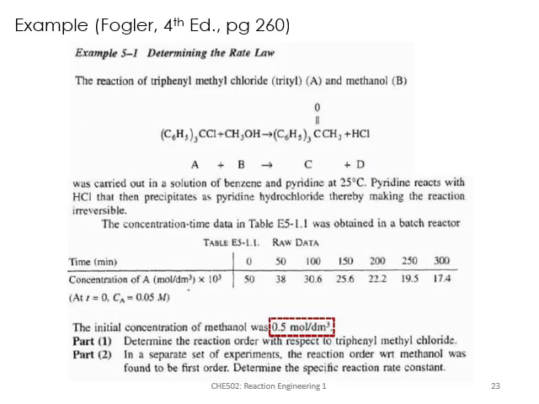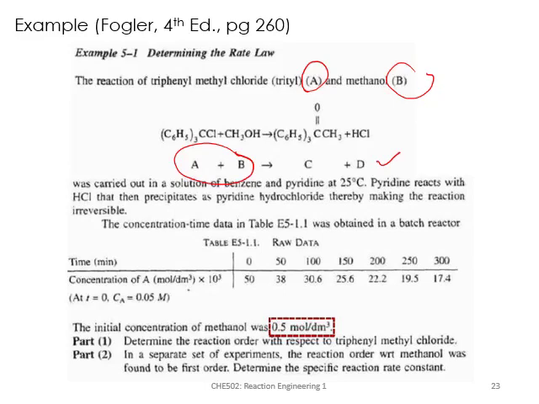So this is an example from Fogler. If you look at this example, you have two reactants. You are given the reaction of triphenyl methyl chloride, represented by capital A, species A, and methanol, species B. Most of the time, once you are given the chemical reaction equation, represent it in terms of A, B, C, or D. It was carried out in a solution of benzene and pyridine at 25 degrees Celsius.